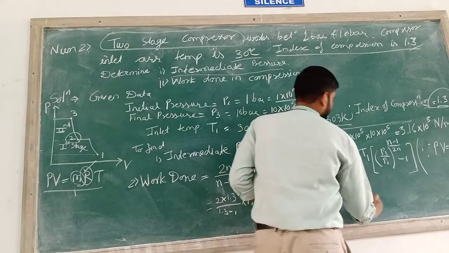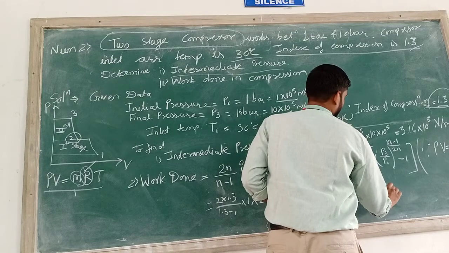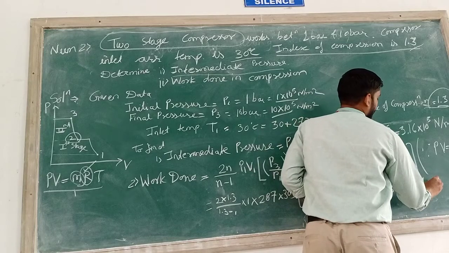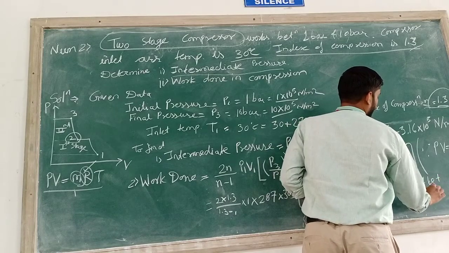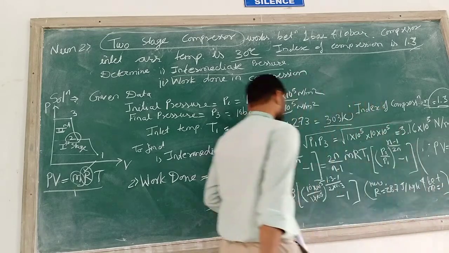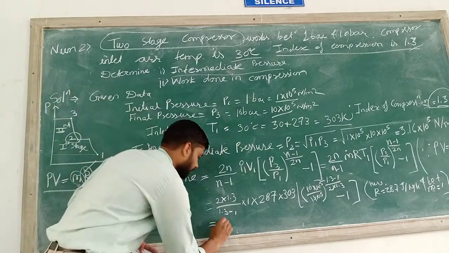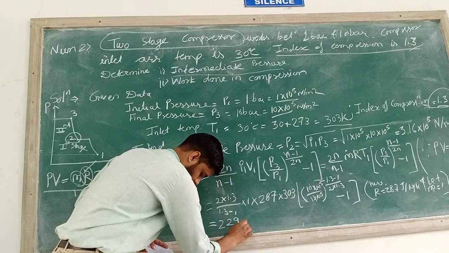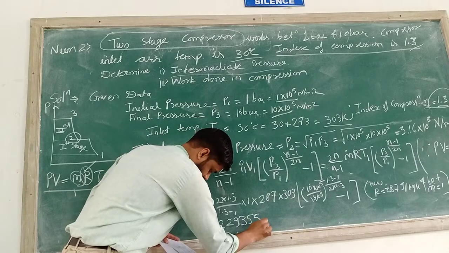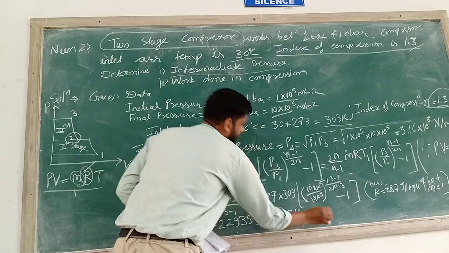So here the value of R is 287 joule per kg Kelvin, and let the value of mass m equal 1. Now put all these values into the calculator and you get 229,355.465 joule per kg.